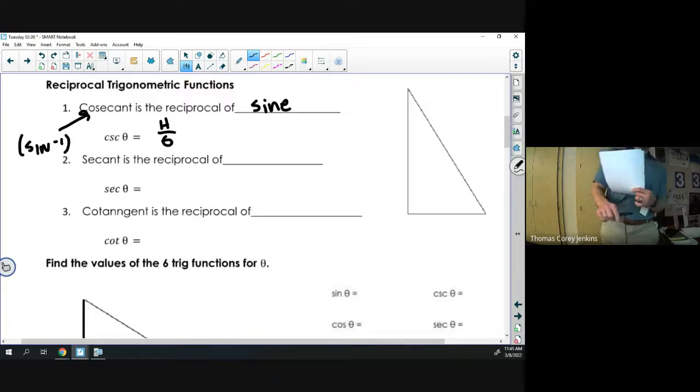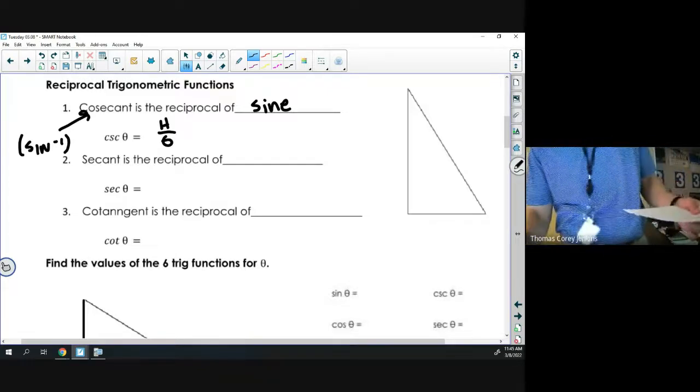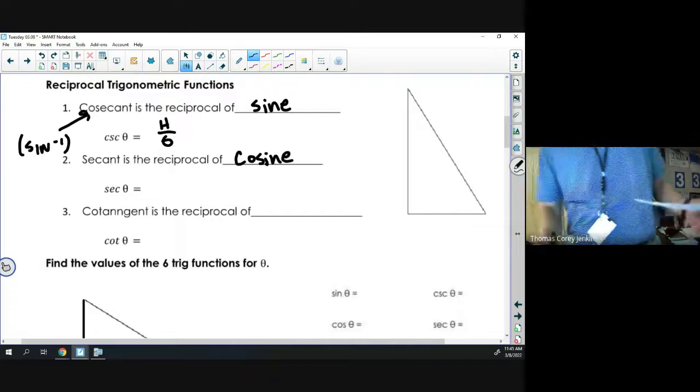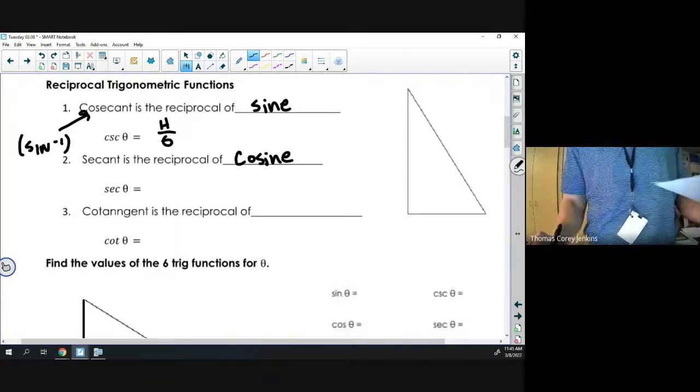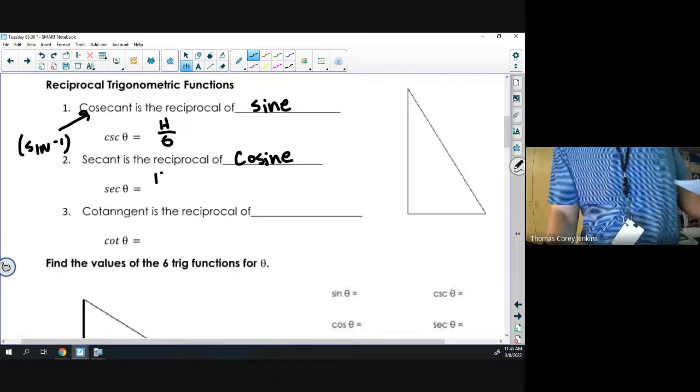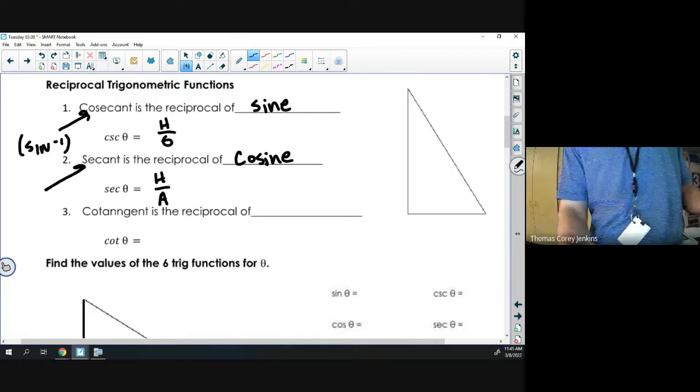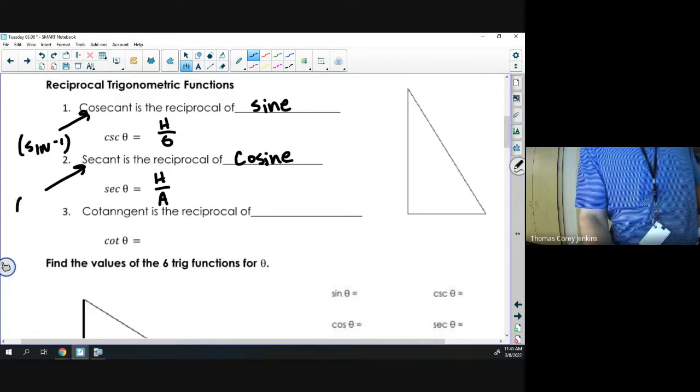Secant is the reciprocal of cosine. So if cosine was A over H, then this is H over A. Again, for the future, that button looks like cosine to the -1.